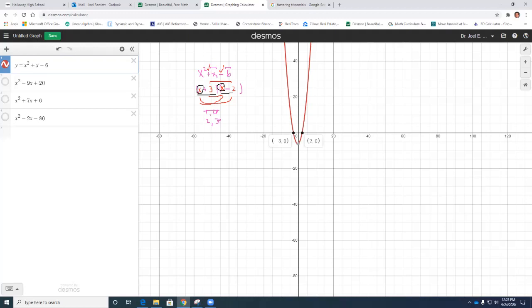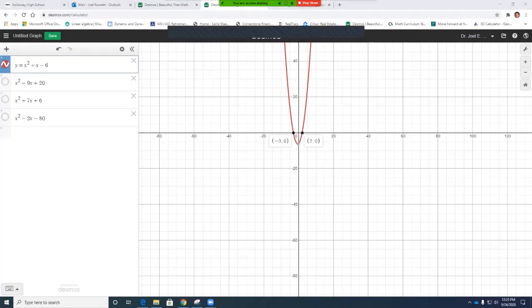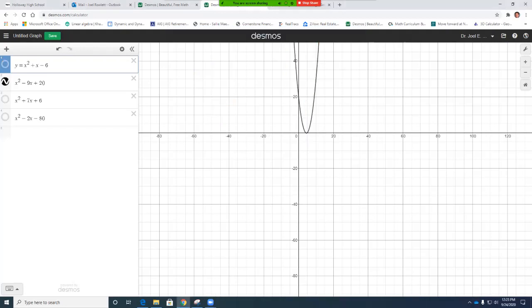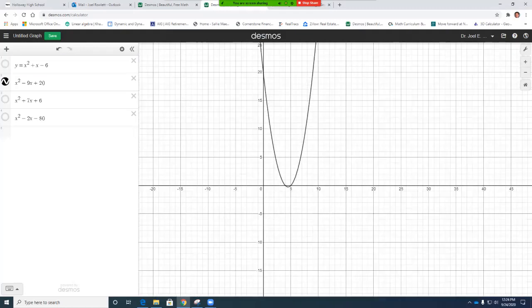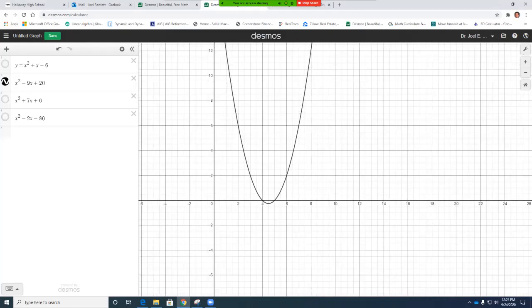Okay. Let's take another look here. We'll look at a different graph. This time we're looking at, let me zoom in here. Sometimes it's hard to see unless you zoom in tightly. This is going to give us a better idea of what's going on here.